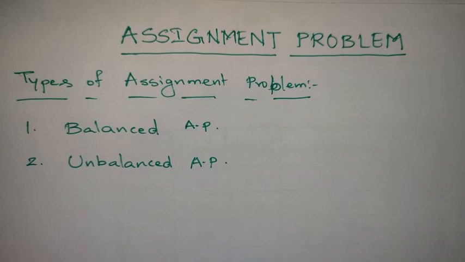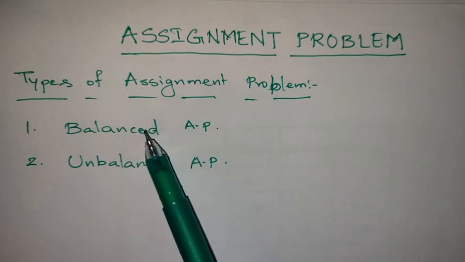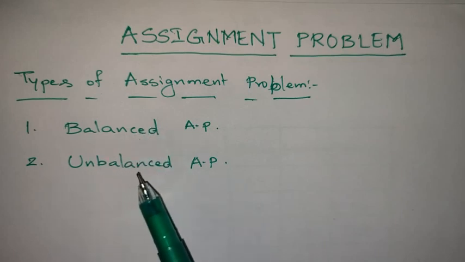So how many types of assignment problems are there? There are two types: one is the balanced assignment problem and the next one is the unbalanced assignment problem. What is a balanced assignment problem?